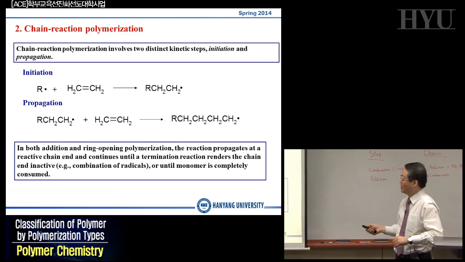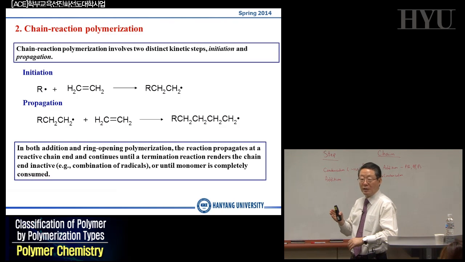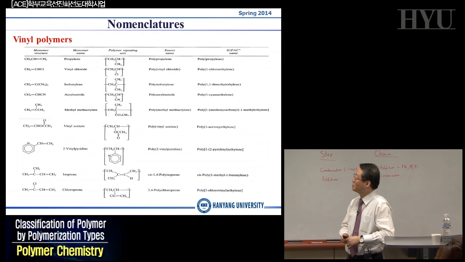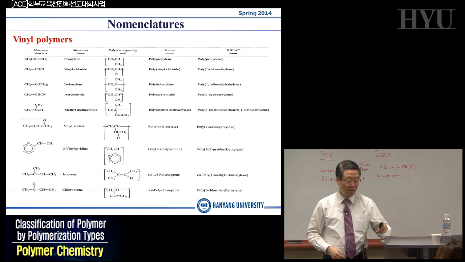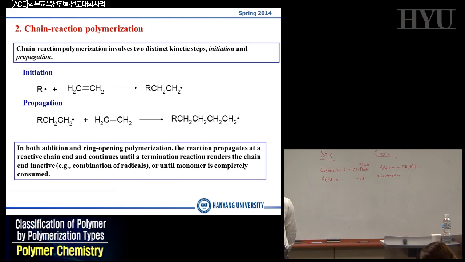Anyway, the termination reaction is the one where the chain terminates, so your radical will disappear. So there are no further active sites to proceed with your chain-growth polymerization reactions. Okay, so this was a brief introduction for today.